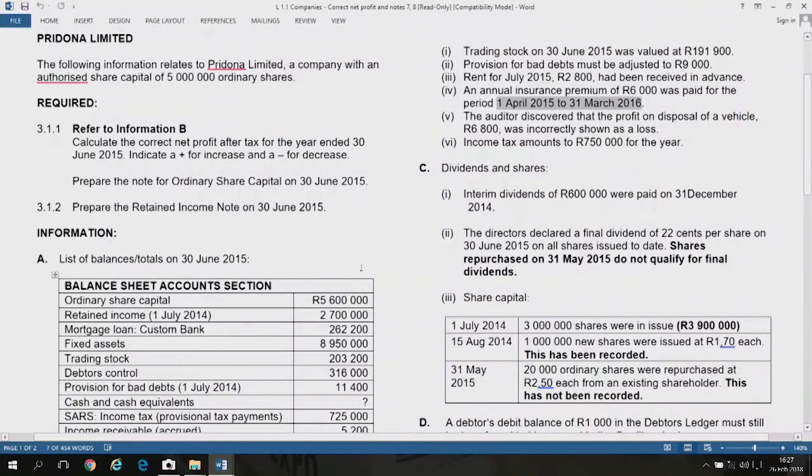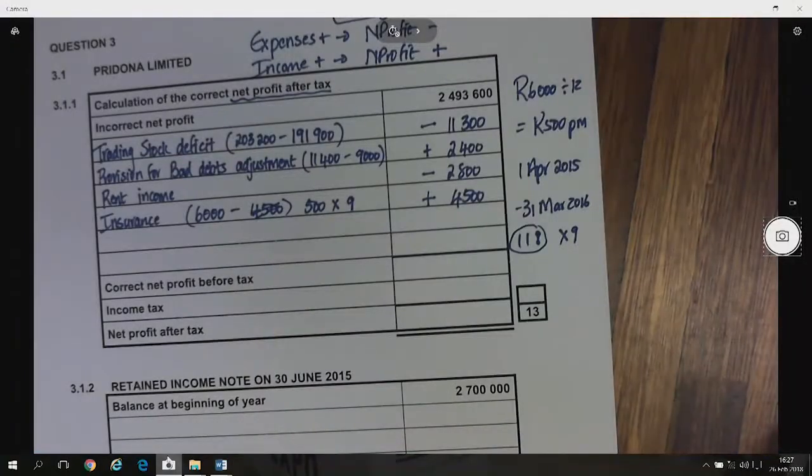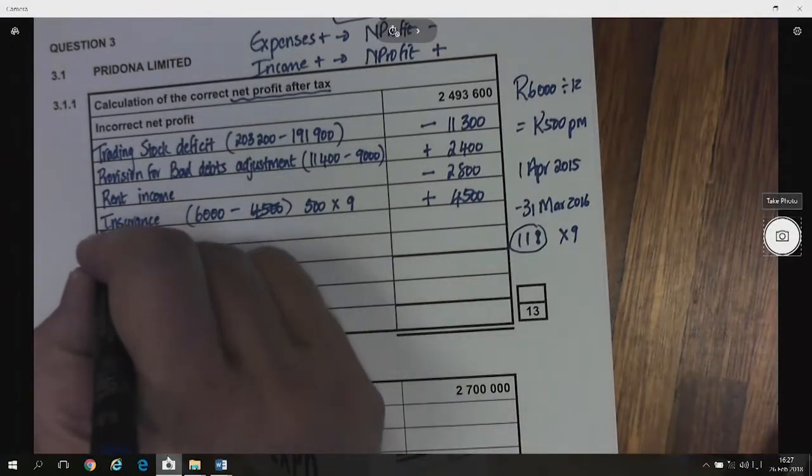The next one is the auditor discovered that the profit on disposal of a vehicle, 6,800, was incorrectly shown as a loss. So remember, if something is on the wrong side, we must double it. So we will say profit on sale of asset.